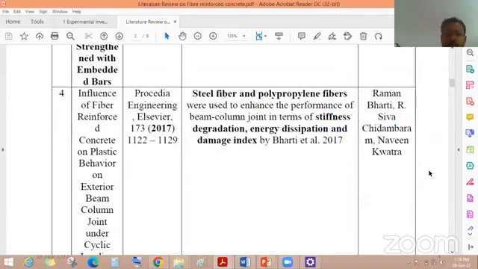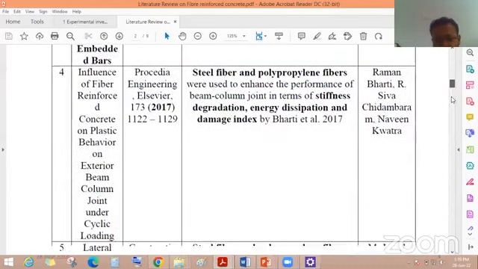Okay. So now several researchers are doing research with the existing natural and artificial fiber, such as steel fiber, carbon fiber, polypropylene fiber, which are being used to enhance the overall performance of the concrete in terms of stiffness, degradation, energy dissipation, damage index. Okay.